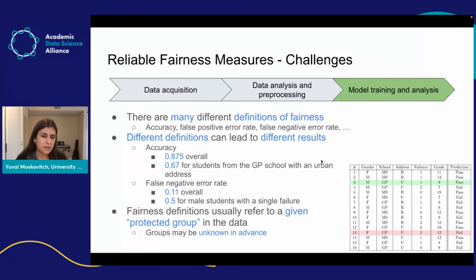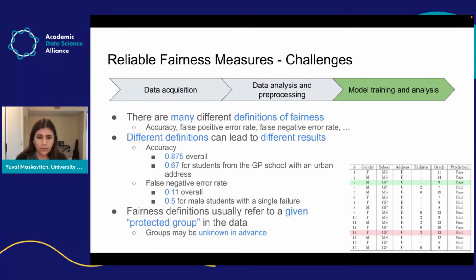The common practice in fairness analysis is that we are given a protected group or groups, which are defined through some value assignment to a set of sensitive attributes like gender or race. The problem with this approach is that the groups may be unknown.